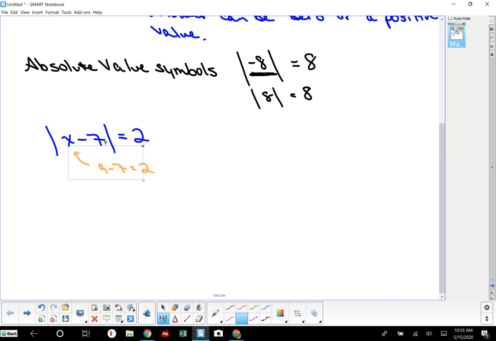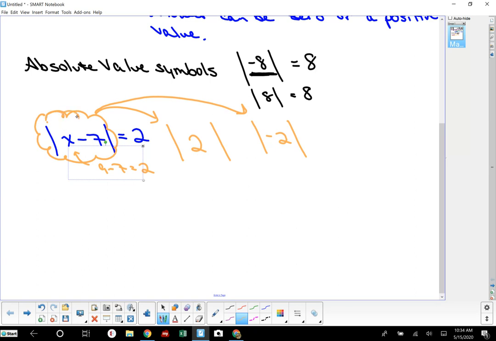But it's only half of your answer, because we have to look at what happens 2 different times. What if x minus 7 in here equals 2? Well, what if that's a positive 2? The absolute value of 2 is 2, right? Well, what if it is negative 2? The absolute value of negative 2 is also 2.